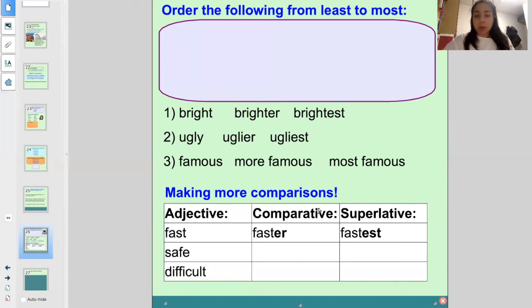And then our middle word to compare is a comparative. Okay, so brighter, and realize that the middle words will have our suffix er. Okay, and so these are called comparatives. More famous would be a comparative.